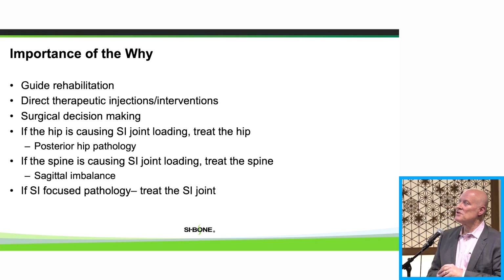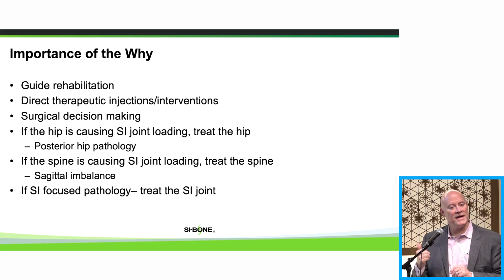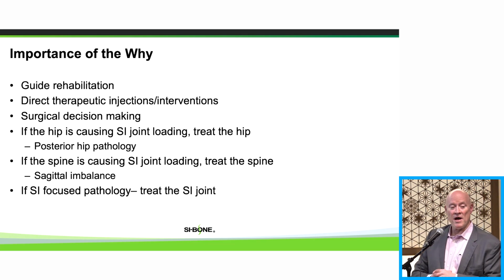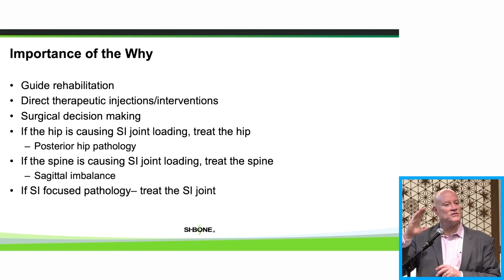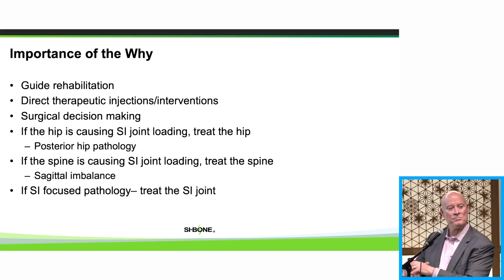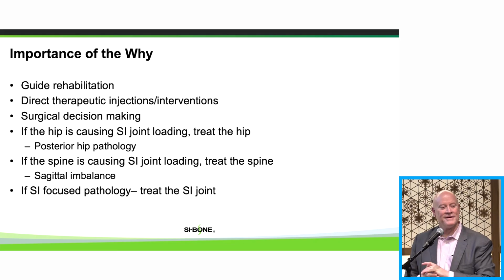If the hip is causing increased SI joint loading, posterior cam, IFI, treat the hip. If there's a problem with the spine, they're out of sagittal balance, even though they have SI joint pain, you fix the SI joint, they're still out of sagittal balance. That whole muscular pull on the posterior pelvis is just going to continue the SI joint pain.